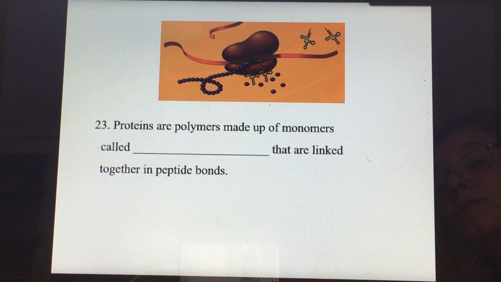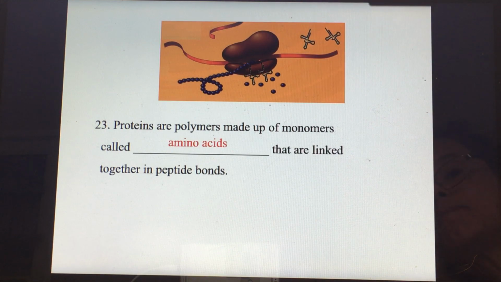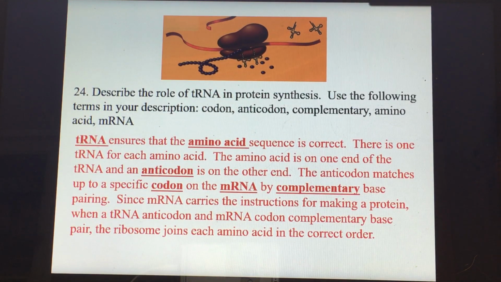Proteins are polymers made up of monomers called amino acids that are linked together in peptide bonds. And remember, there's an enzyme in the ribosome that links them together. And if we're going to describe the role of tRNA in protein synthesis, tRNA ensures that the amino acid sequence is in the correct order.